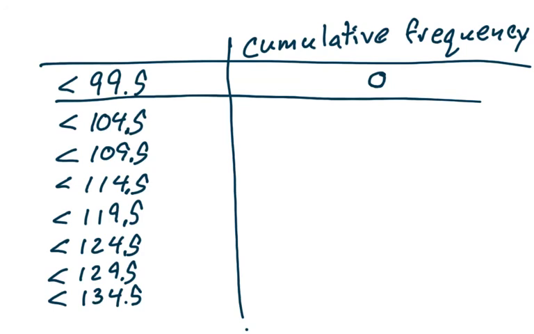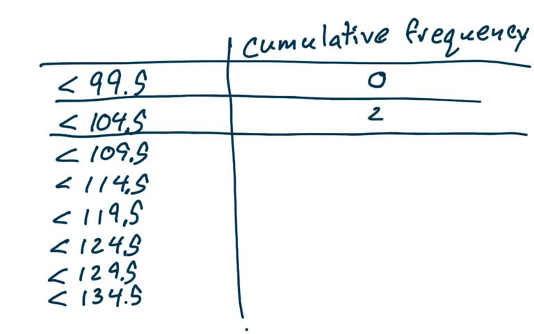And how many are there that are less than 104.5? Well, that would be the total of how many are less than 99.5 plus how many there are between 99.5 and 104.5. So that would be simply 2. Let's go on to the next one.